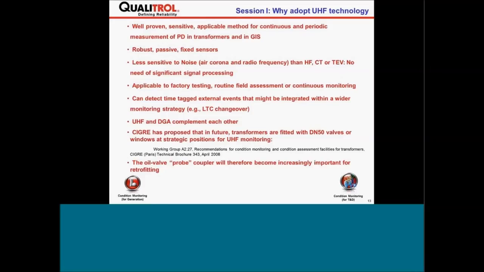There is a working group A2.27 who published brochure 343 discussing this and recommending this at that time. The oil valve probe, because the recommendation is very much focused on use of valves or windows, then the valve probe coupler will become increasingly important for new fits, but also particularly for retrofitting for existing transformers.